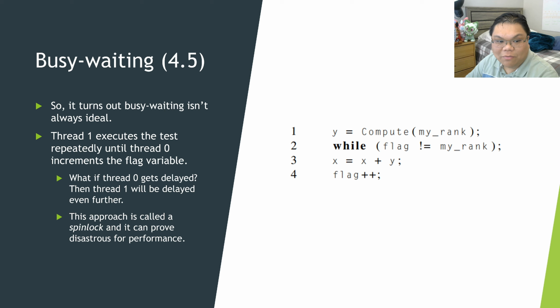Well, it means that thread 1 will be delayed even more. So this kind of busy waiting is known as a spin lock. And when you have situations like one of the threads delaying another thread, this could be disastrous for performance.